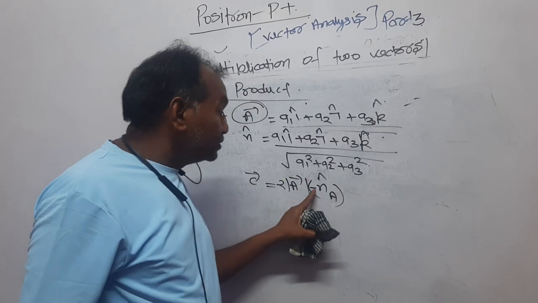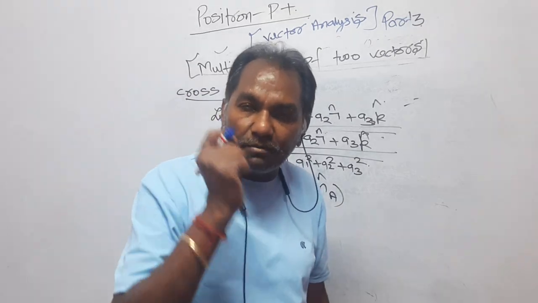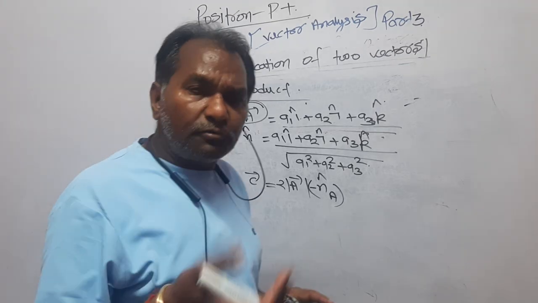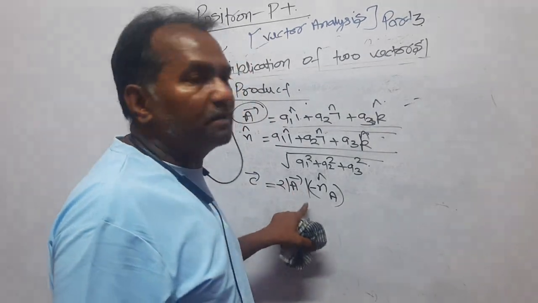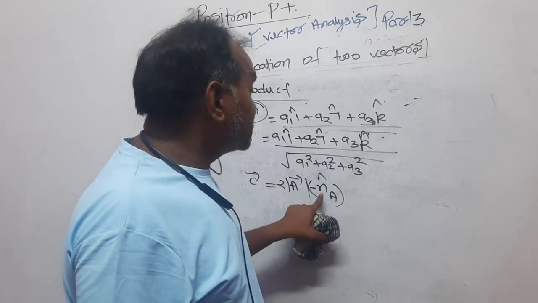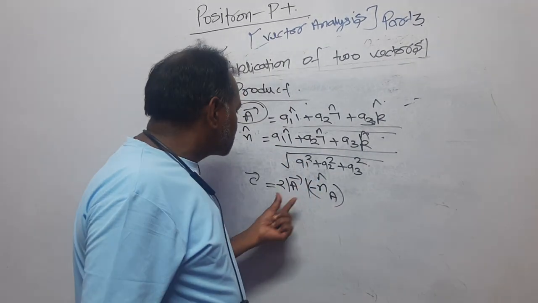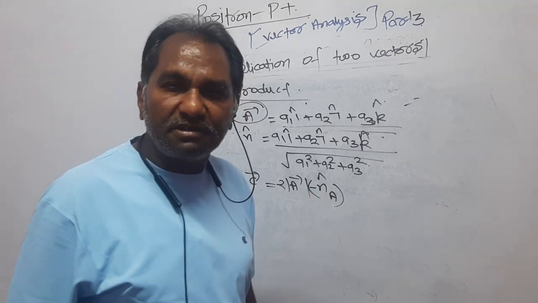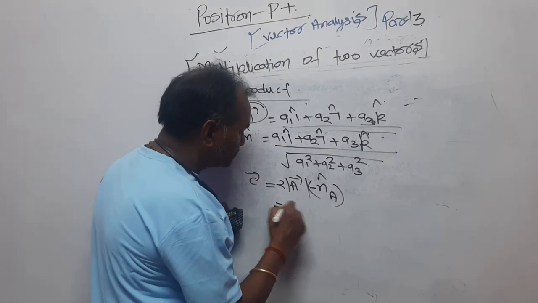So you have to take minus n cap. N cap is a unit vector of vector A, but the question is saying that you find out another vector C which has the magnitude twice of vector A, but it is oppositely directed to vector A. So twice of mod of vector A is given as the magnitude, and minus n cap is representing the direction of the new vector C.